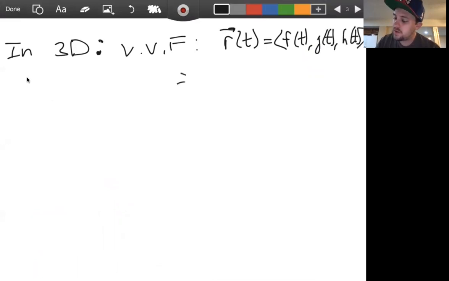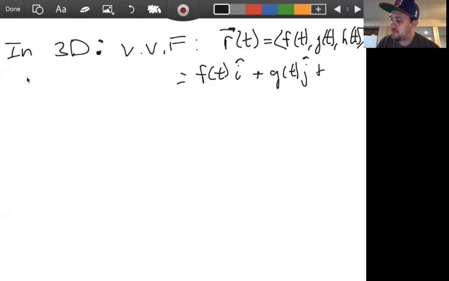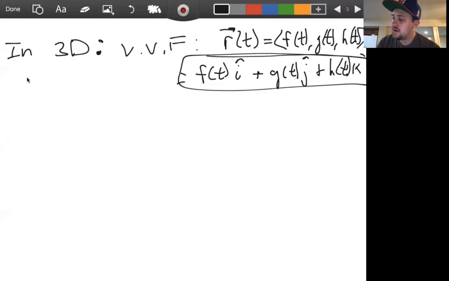And if you'd like it in standard unit vector form, f of t i hat plus g of t j hat plus h of t k hat. And we may see more vector valued functions expressed in this form.